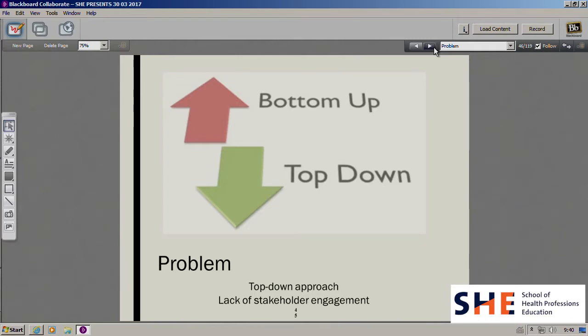And when we dig in, we could see that sometimes the stakeholders have a role. The success of workplace-based assessments really depends on its implementation. And when you dig in, the implementation is usually done by the stakeholders who are on the floor, who are not necessarily the people who have designed these assessment programs. So a lot of times this is what we see, a top-down approach. You've got a group of educationalists who design the workplace-based assessments based on theories, based on very well-determined facts.